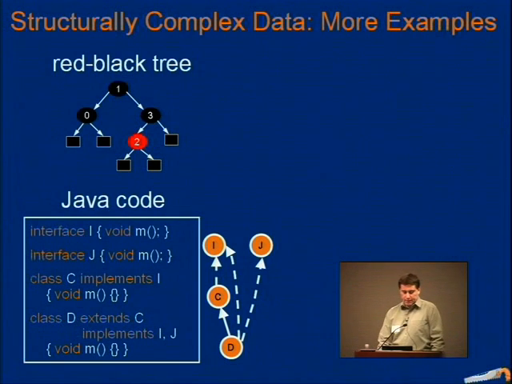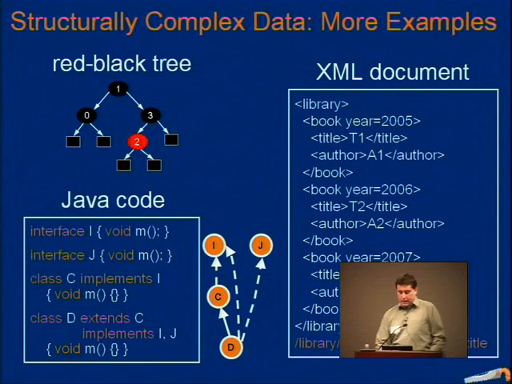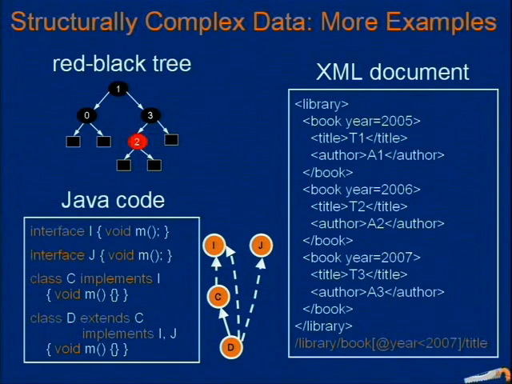But if you build an inheritance graph, or an abstract syntax tree from this code, then we end up with some structurally complex input. The same goes for an XML document. If you parse it and build a tree, again we end up with some number of nodes that are connected and need to satisfy certain properties in order to be a valid document.